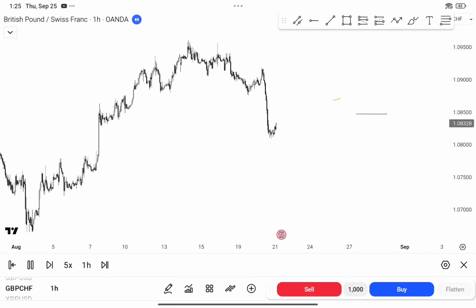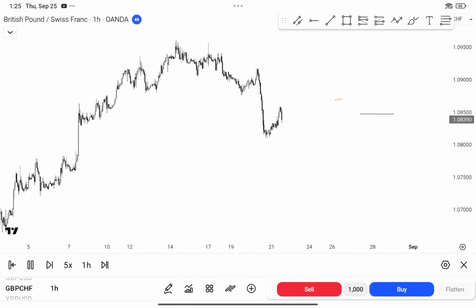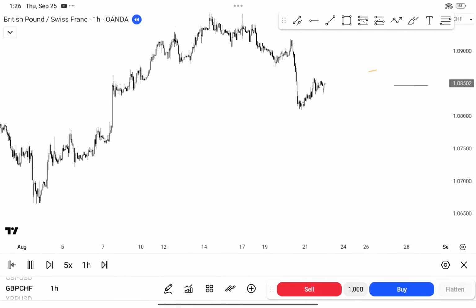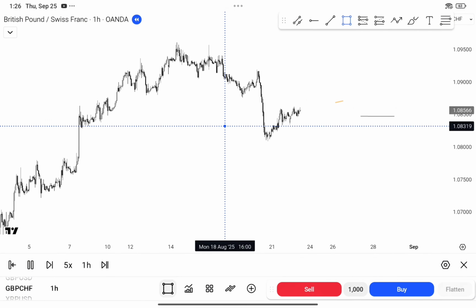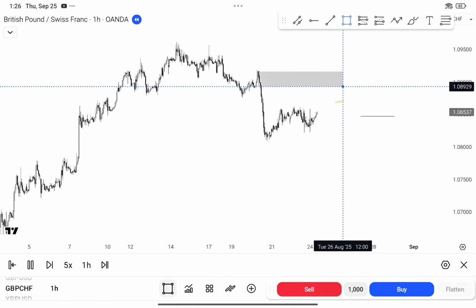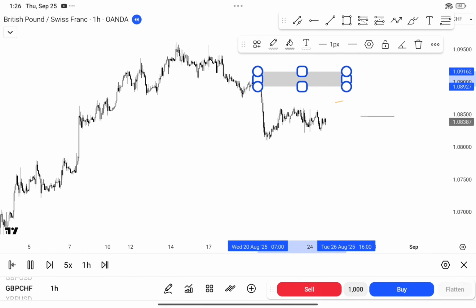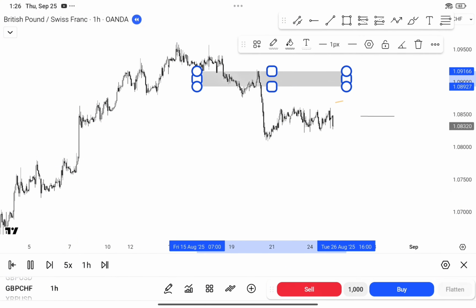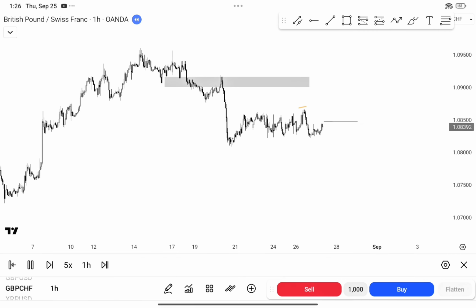You can see the move. Okay, this is another block. I need to map it. Okay, price didn't get back to that block.